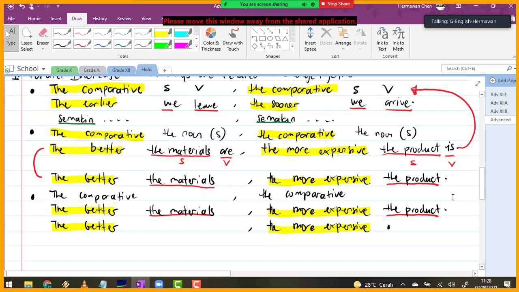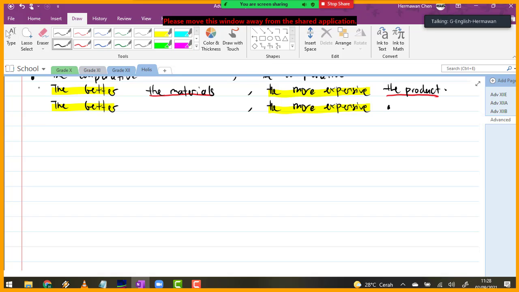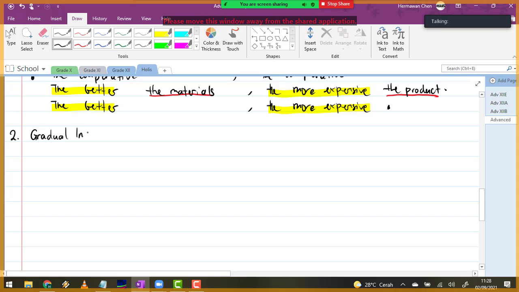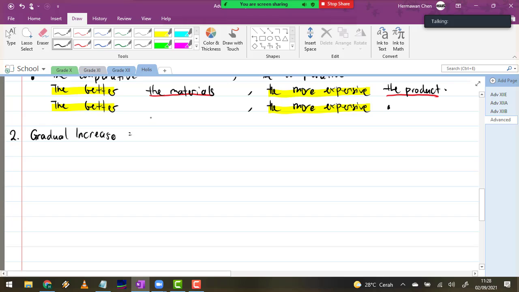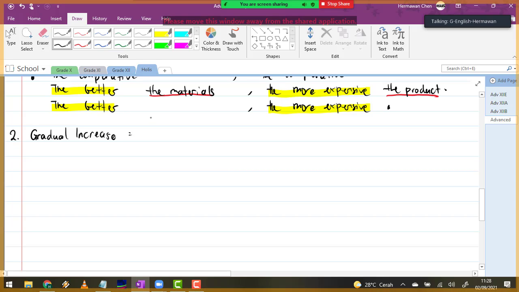Now I'll continue to the second pattern. This is called gradual increase. Look at the name, gradual. Gradual means slowly changing.